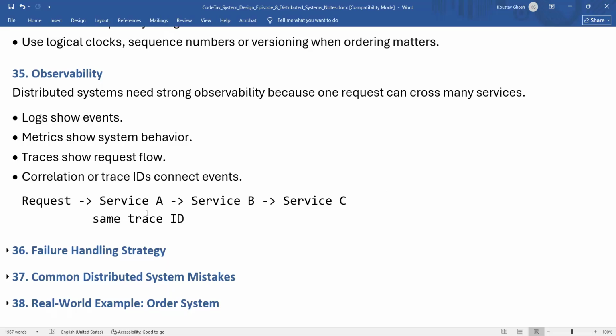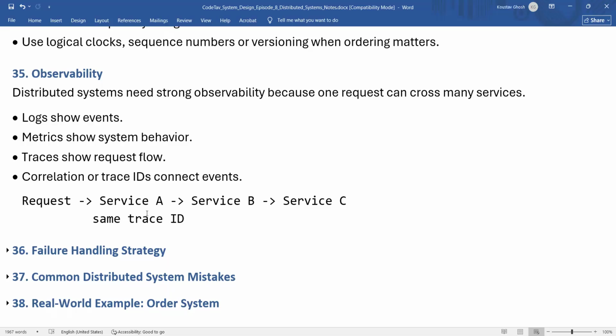We need three important observability concepts. One is logs, which tell us what happened. Another is metrics, which tell us how the system is behaving. Then traces tell us how one request traveled across the services.